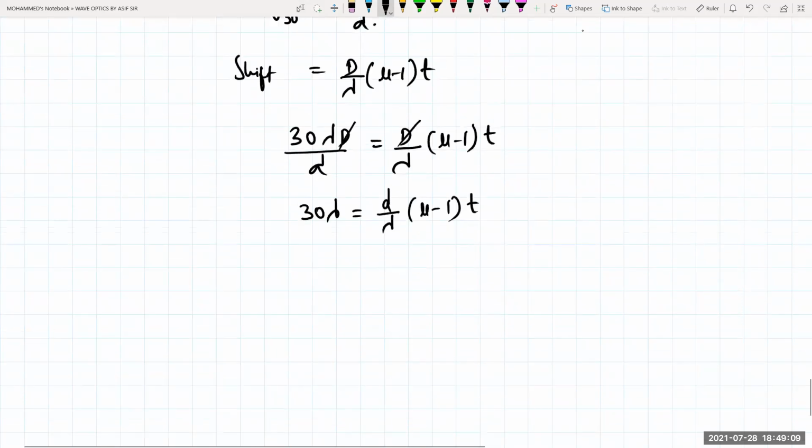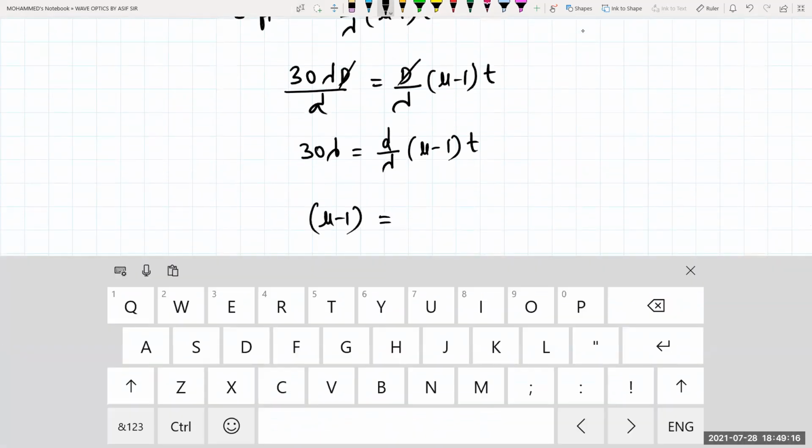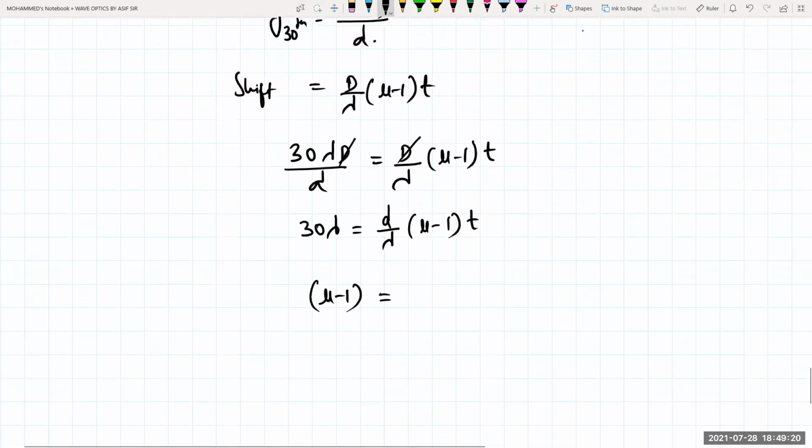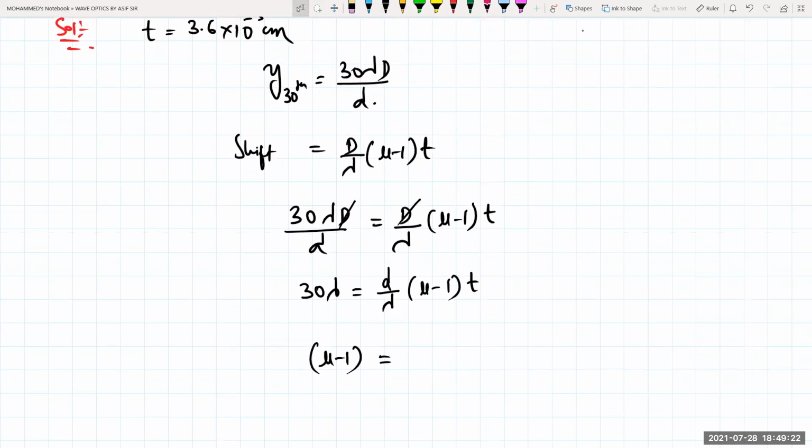Now I need to calculate mu minus 1. So mu minus 1 will be equal to 30 lambda divided by t. Sir, here you took lambda in the denominator.